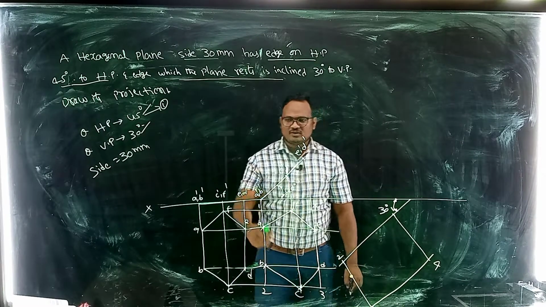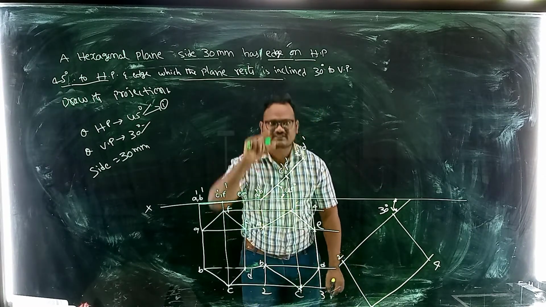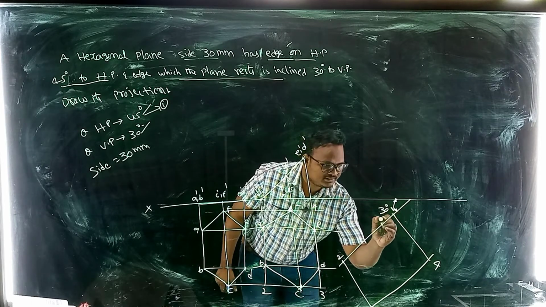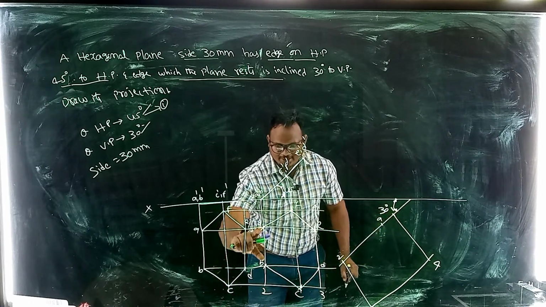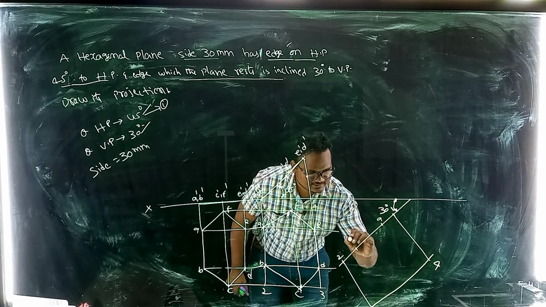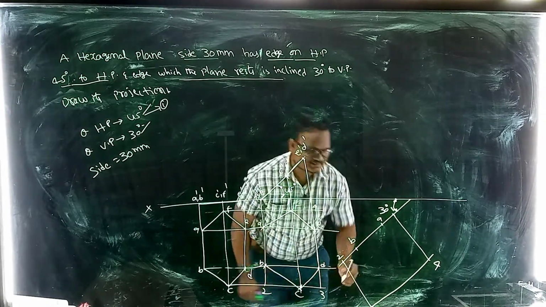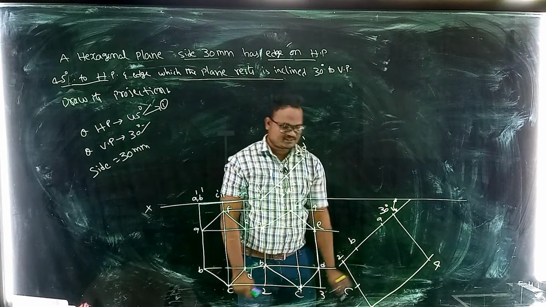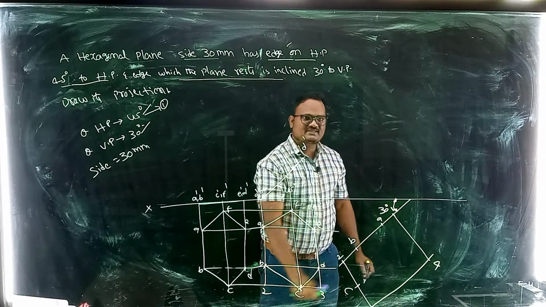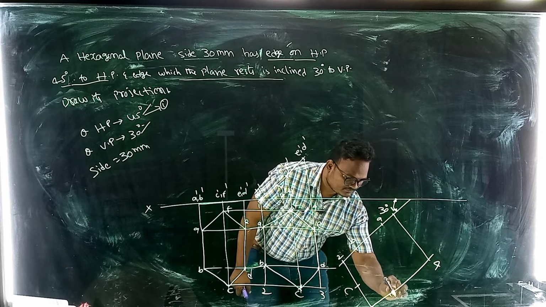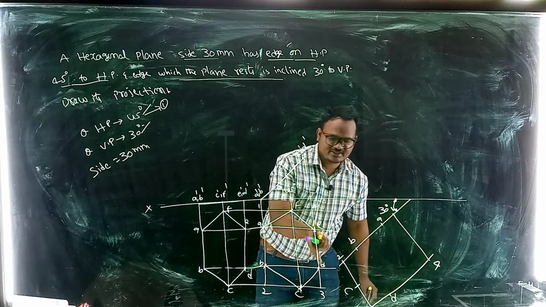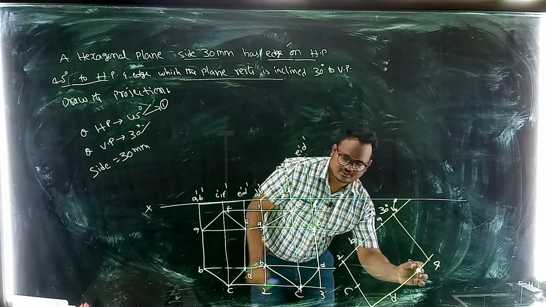Now very simple. From 1, take this distance with the compass, that is A to B distance, that is B. Okay, next from 2 this distance, that is C we got. From 3 this distance, that is D. Here to here distance, what is the value?